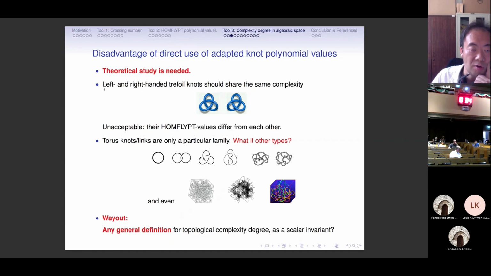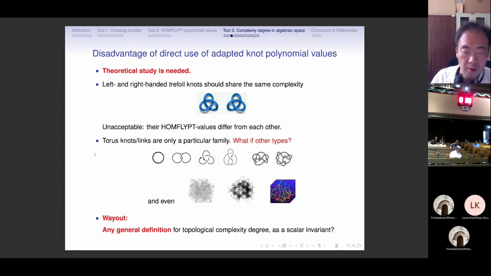The first one is, for example, if we compare the left and the right-handed trefoil knots, in our opinion, we think they should share the same complexity, left and right-handed. But if we directly compute the HOMFLYPT polynomials, their values are different. So it is not acceptable.